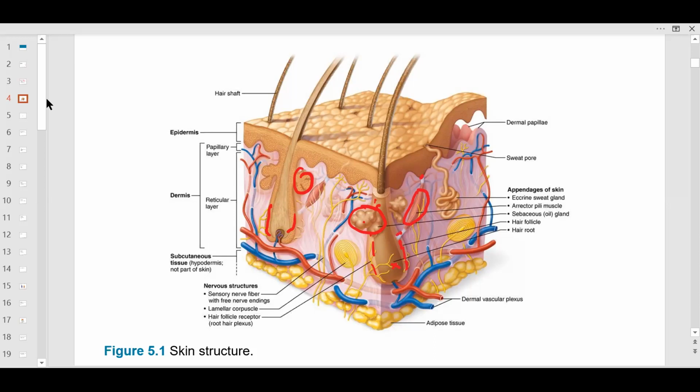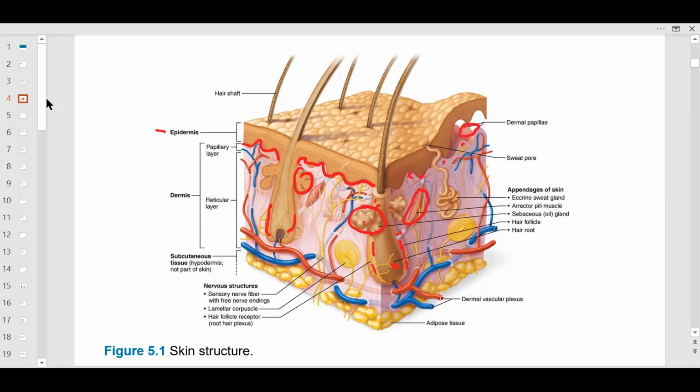So always start with the layers, epidermis, and you can see how the bottom layer, the basale, kind of has wavy lines here, right? Papillary region of the dermis goes into the epidermis. So this is all dermis, and the slides are kind of difficult. These are little dermal papillae there.